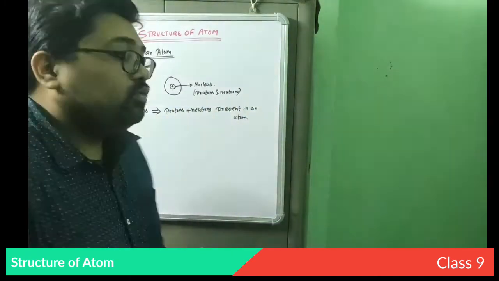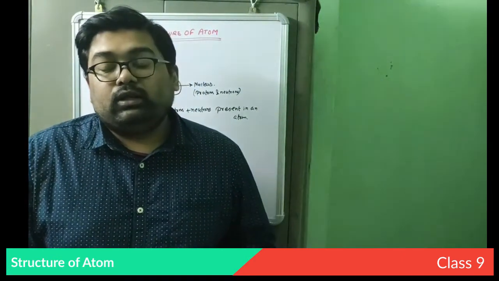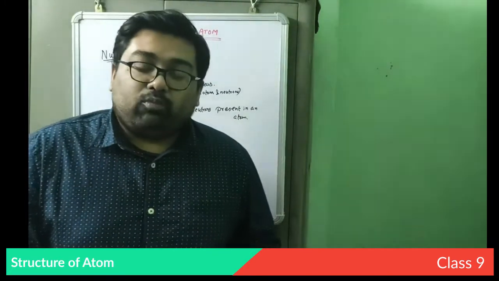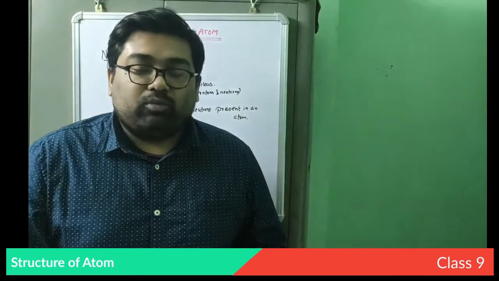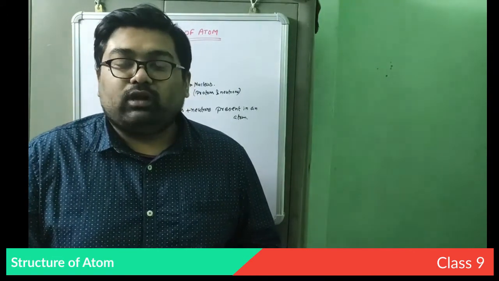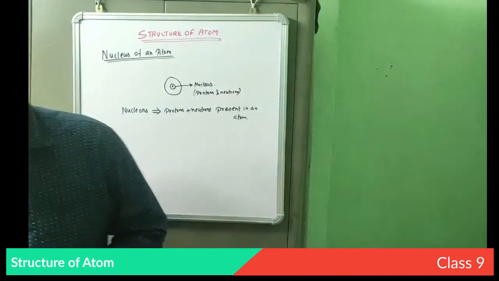The number of protons and neutrons that are present in an atom are together called nucleons. So, the nucleus is a positively charged center present inside the atom, and it consists of protons and neutrons, which are together called nucleons. Okay.